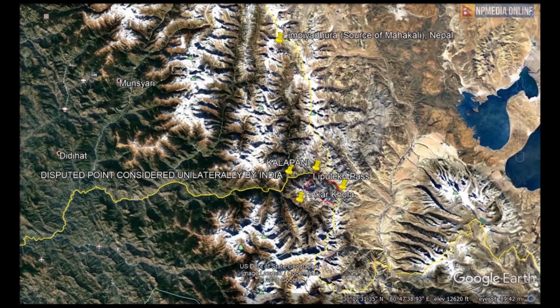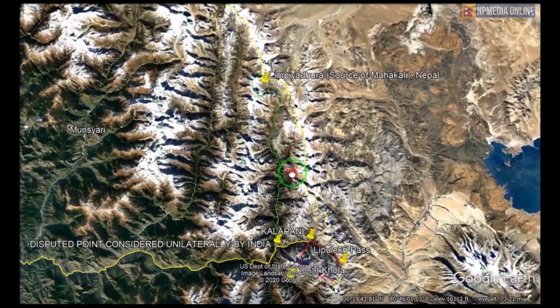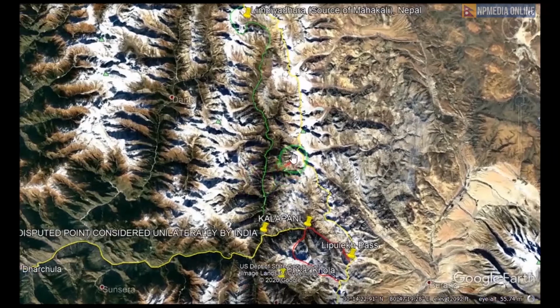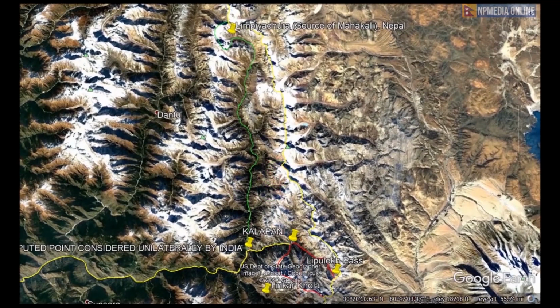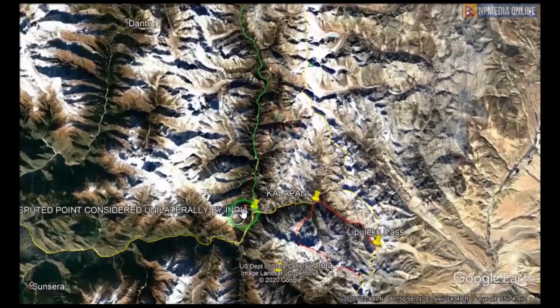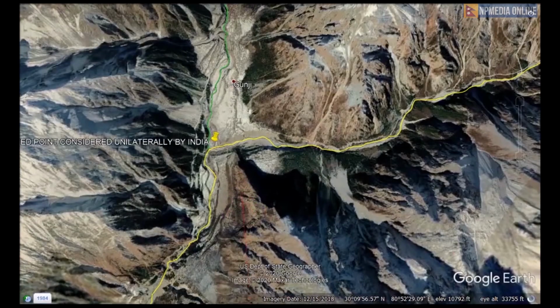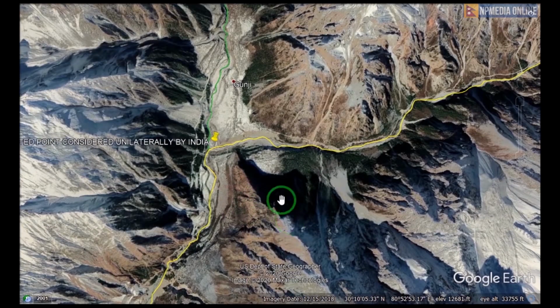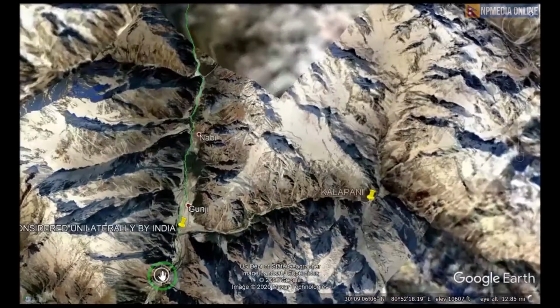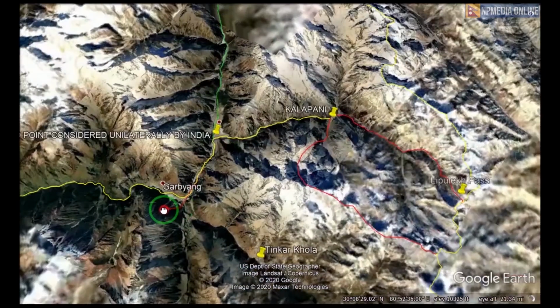So, what happens now is, this green area is the source of the Kali River. The green line must join the yellow line towards the south in Google Earth to make the correct international boundary between Nepal and India.